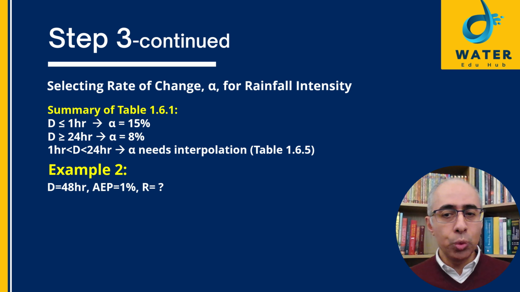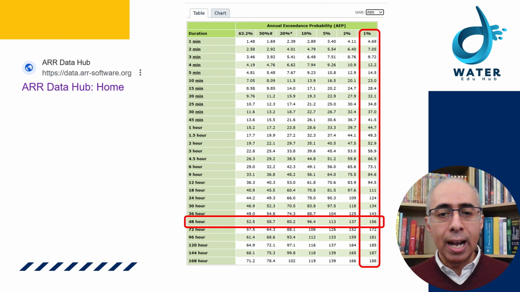So now let's move to another example. I purposely go to something with a longer duration. Now I have 48 hours on the AEP 1%. And for that one, I go to the IFD table. I get the number of 156 as the rainfall depth for this selected duration.